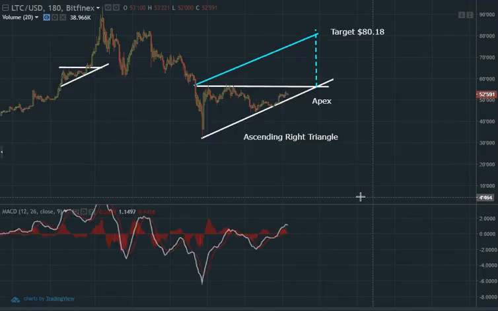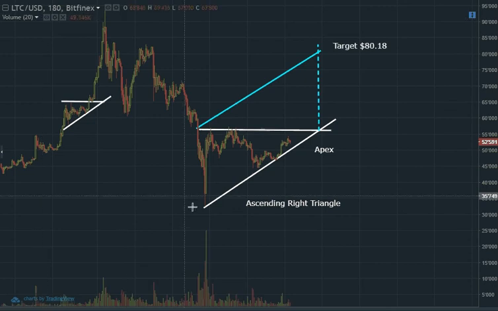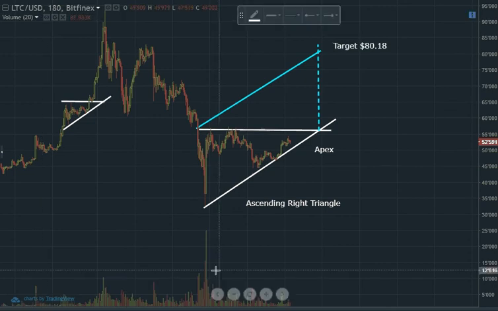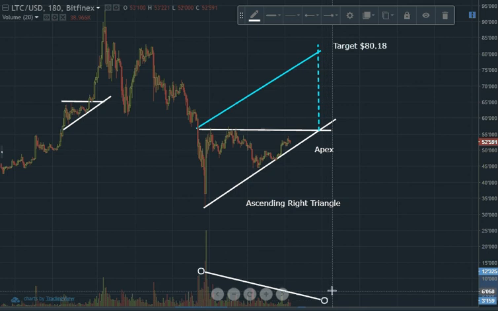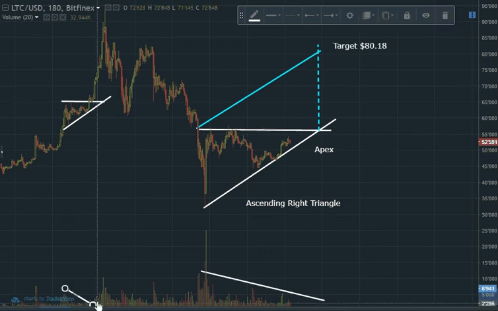So we should also see volume declining, and this is the confirmation on the volume side. Let's look at this. Volume for this was declining too, and the volume exploded.